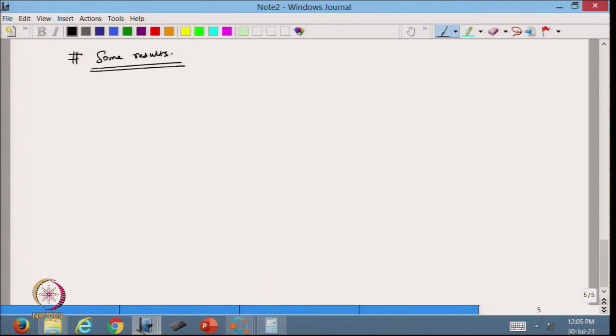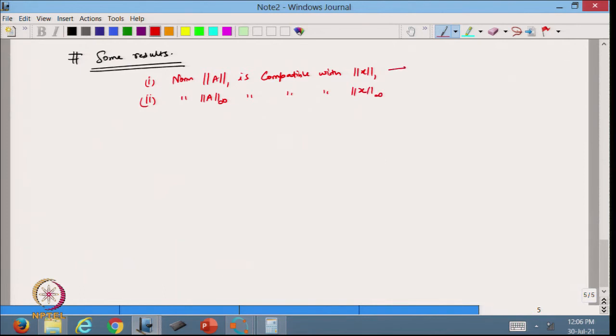So, in this case we are going to take some results. First one is that the one norm is compatible with vector norm 1. Second one is that the infinity norm is compatible with the vector infinity norm.